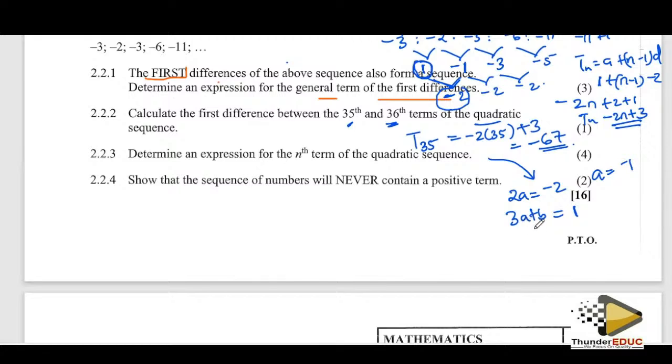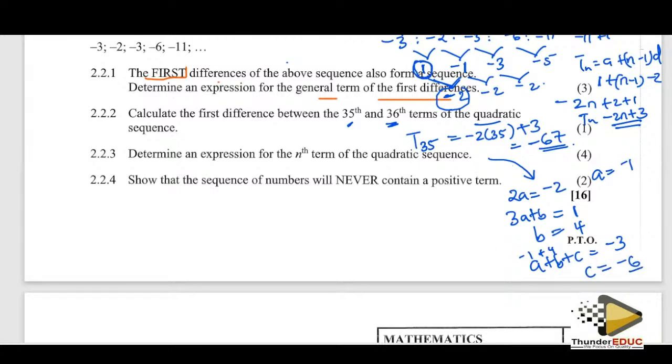So if a is -1, then b is going to end up being 4. And then a plus b plus c must give me the first term, which is -3. So if a is -1 plus 4, that's going to be 3. When I move it that side, c becomes -6.